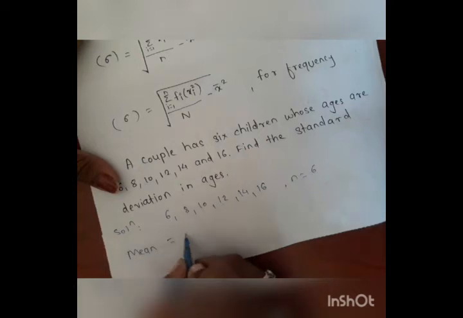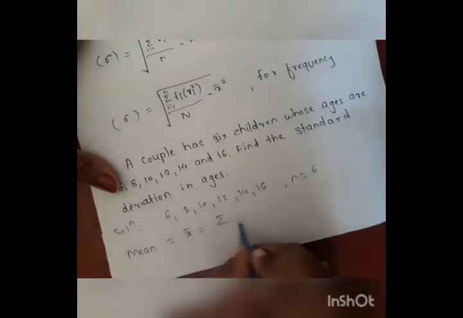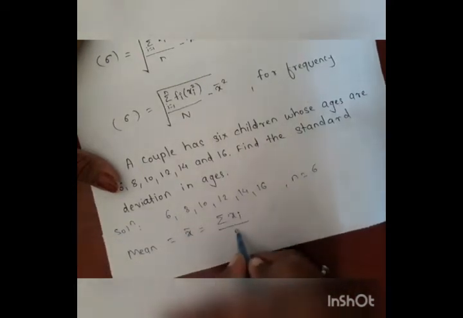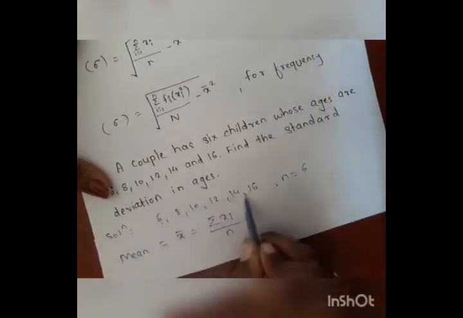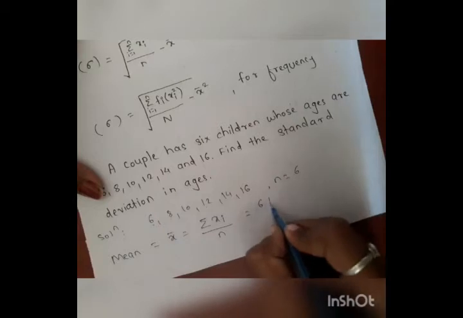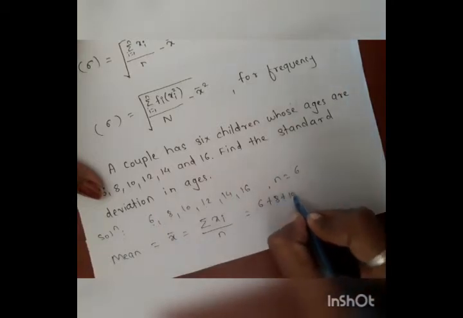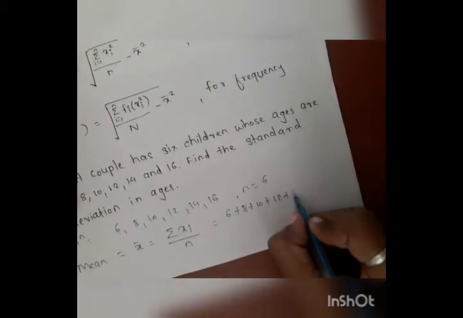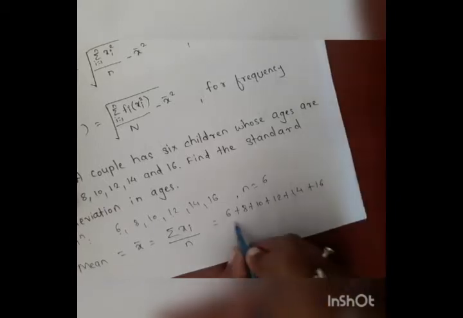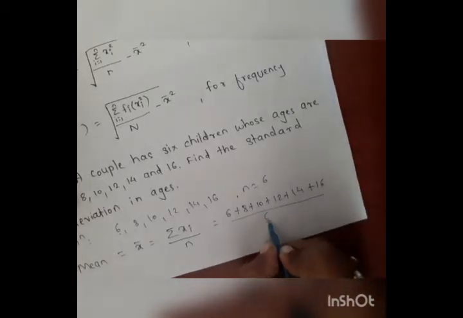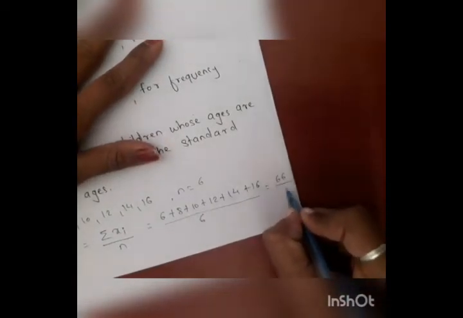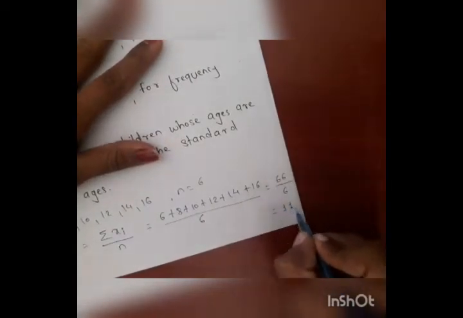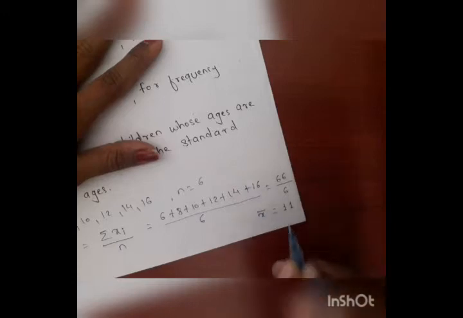Mean, which is equal to x bar, which is equal to summation of xi divided by n, which is equal to x1, x2, x3, x4, x5, x6: 6 plus 8 plus 10 plus 12 plus 14 plus 16 divided by 6, which is equal to 66 upon 6, and which is equal to 11. So x bar is equal to 11.